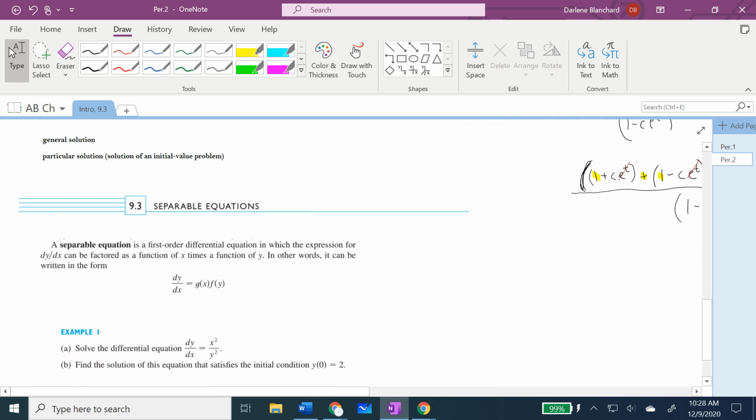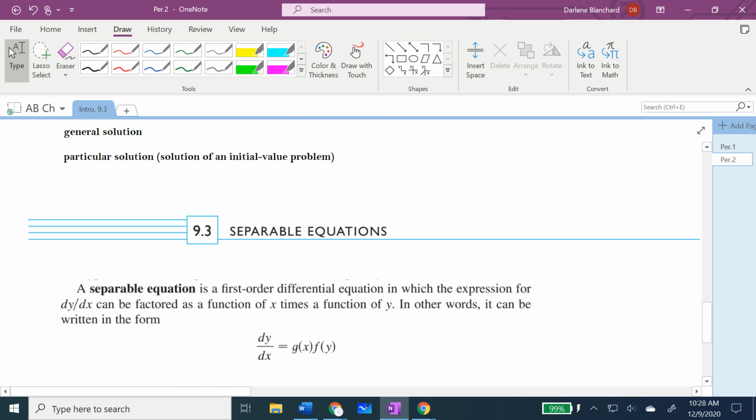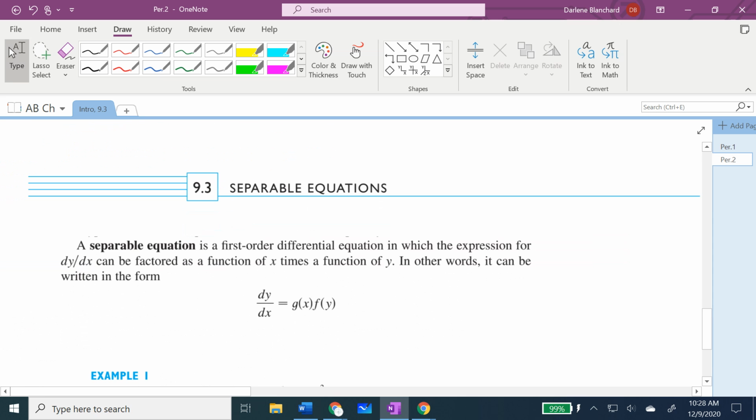That was one thing you're going to be doing. Now on to the next thing, separable equations. You're going to be solving separable differential equations, and this is section 9.3. These are only going to be nice problems that just happen to work out.